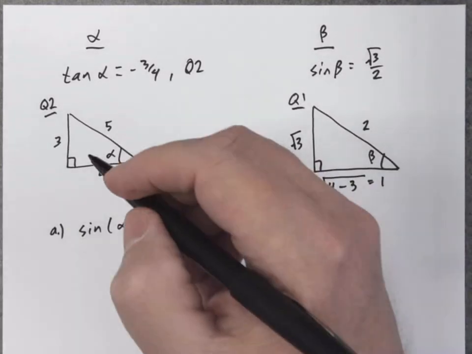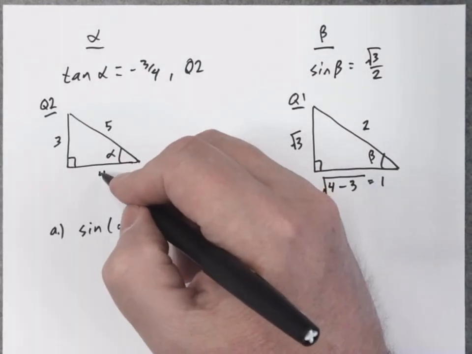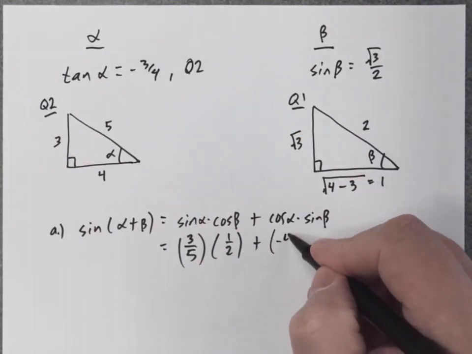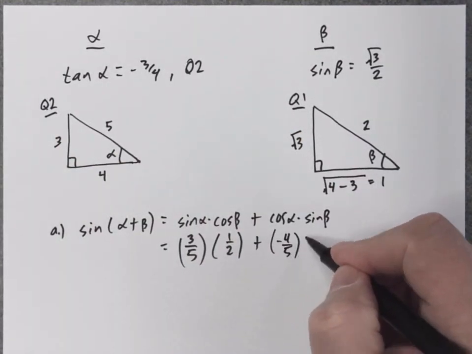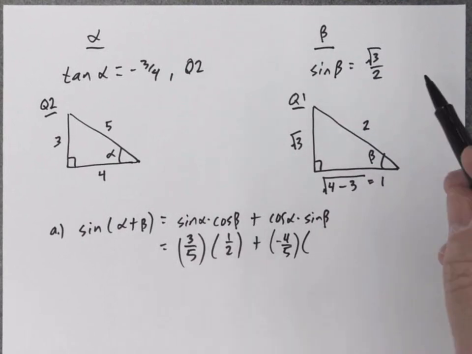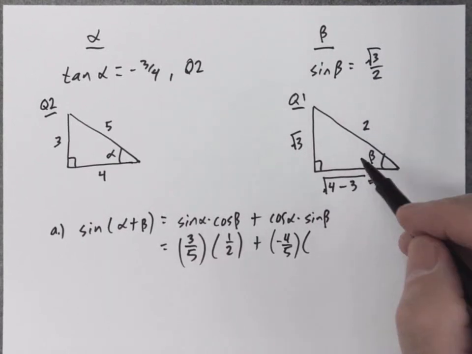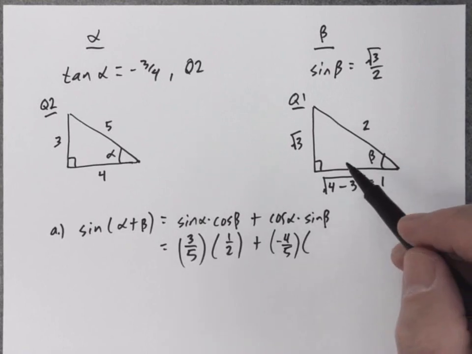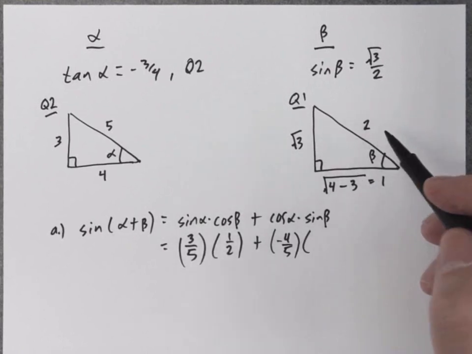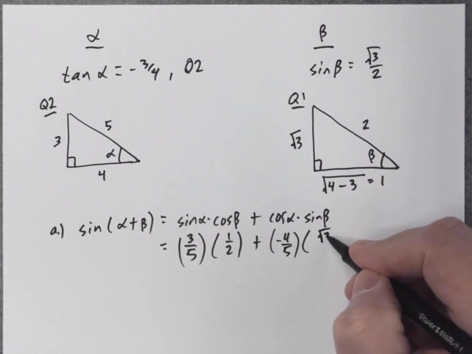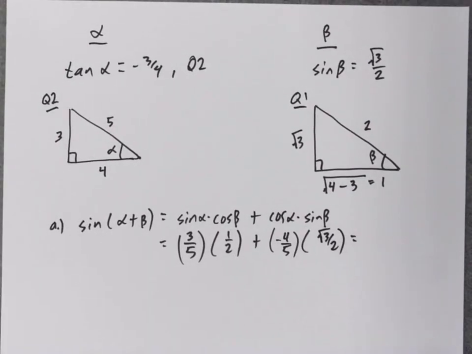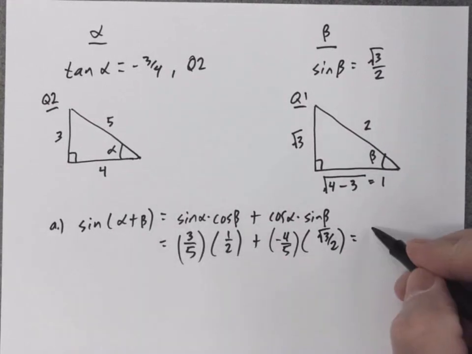Cosine alpha. So CA, adjacent over hypotenuse, 4/5, and in the second quadrant it's negative 4/5. And then sine of beta. Here's the beta. Sine is square root of 3 over 2. And now I just do the calculation. This looks like 3/10.